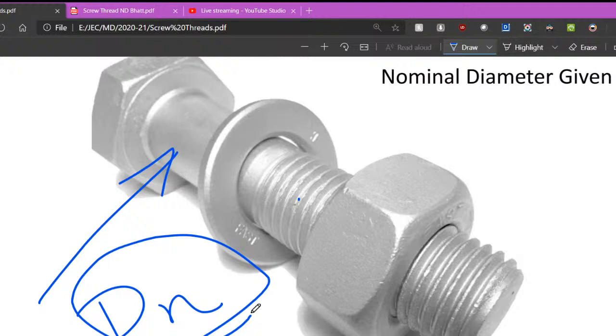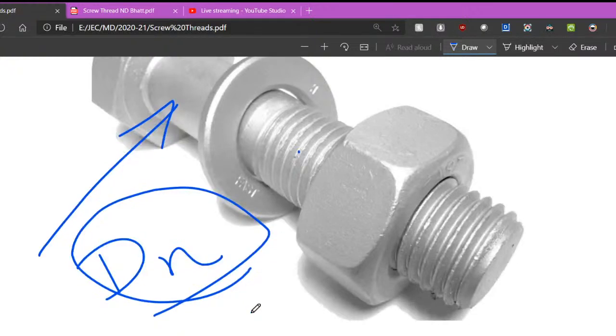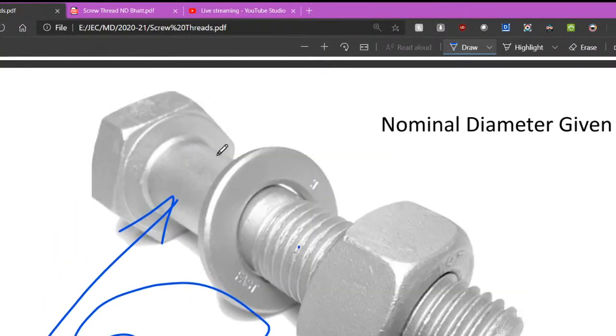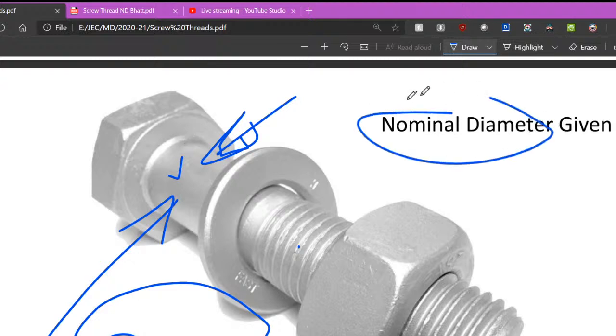In a general sense, nominal diameter and major diameter are the same, but in technical terms, major diameter is greater than nominal diameter. So you take a vernier caliper and measure the outer diameter of this cylindrical bar, and that becomes your nominal diameter.